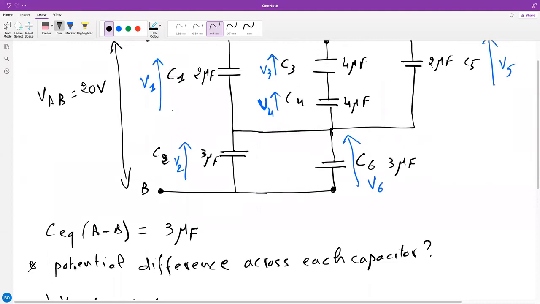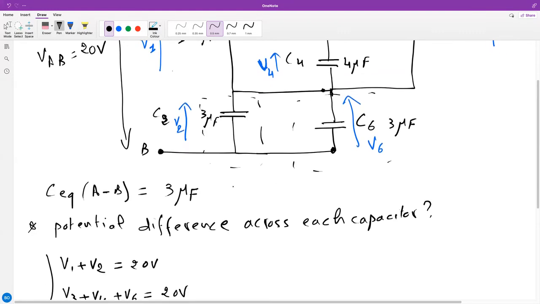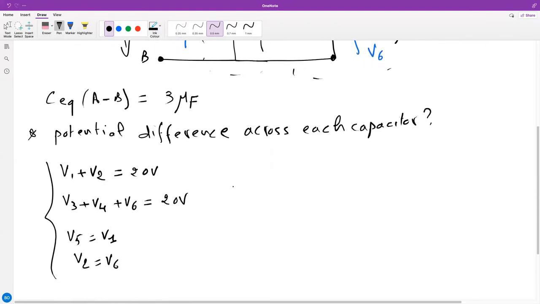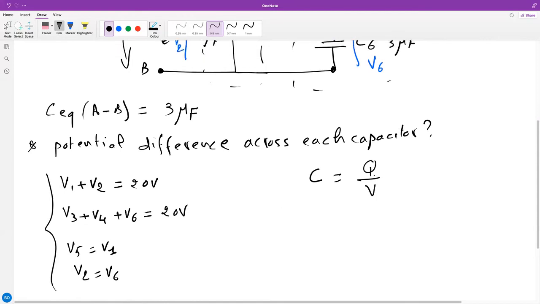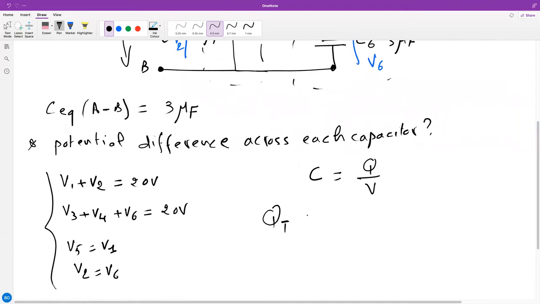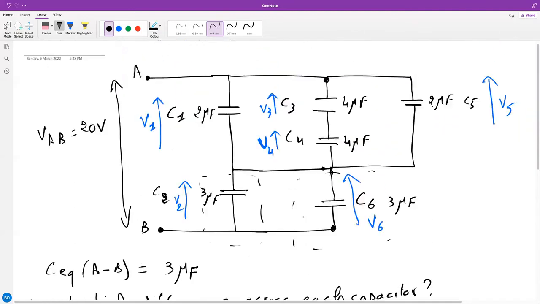Those are the equations that we have. V2 is equal to V6 because they have the same junction, and it's the same potential. Then we also know that in each capacitor, the capacitance is equal to the charge on this capacitor divided by the potential difference across this capacitor. The total charge is the charge that is going from here.